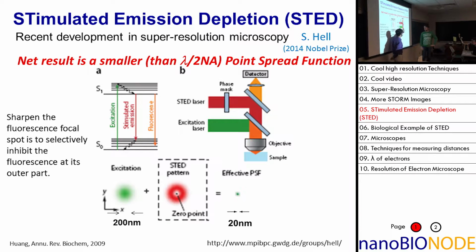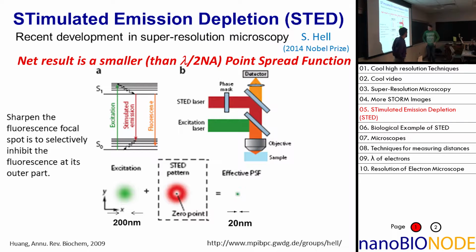Okay, so these colors are supposed to tell you exactly how that's happening. So this mirror, it is doing what? It filters out. Well, maybe filters out. What does it do? What does it reflect? Excitation. So let's say the green is excitation and the red is the so-called STED. Okay, so it's reflecting green, so everything green and shorter.